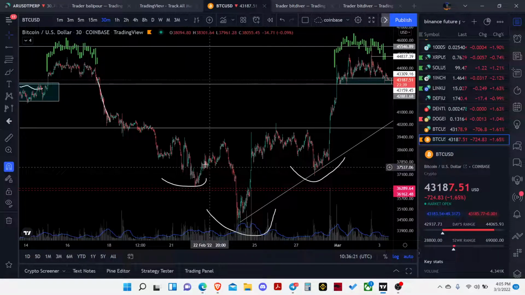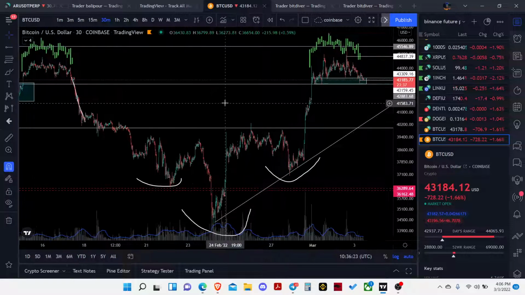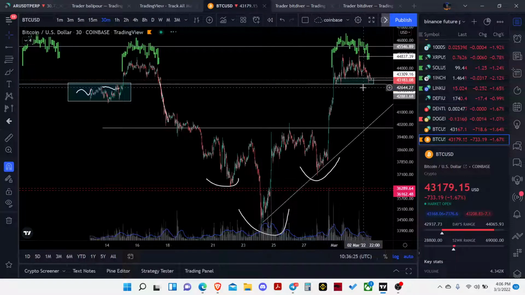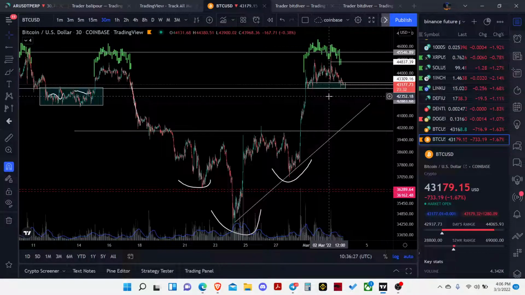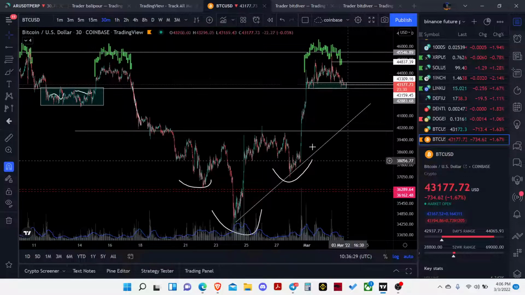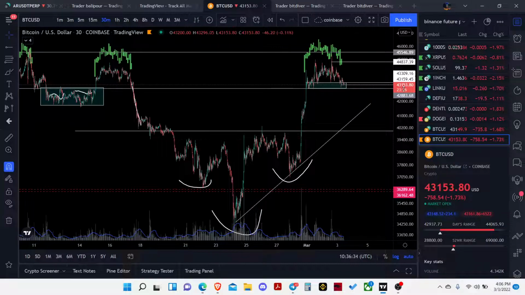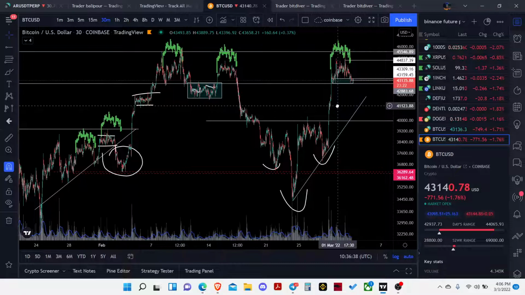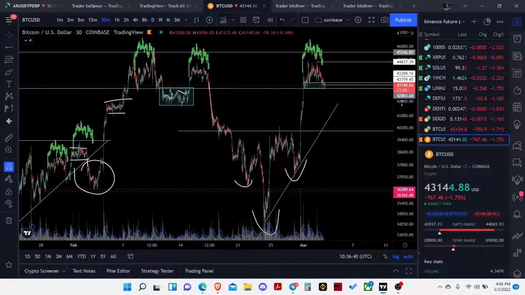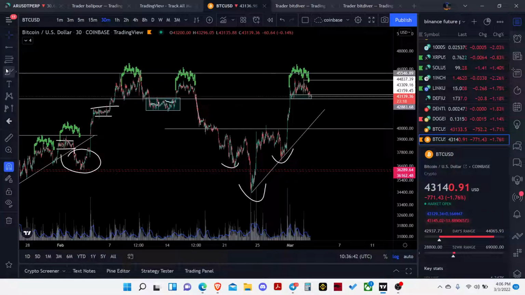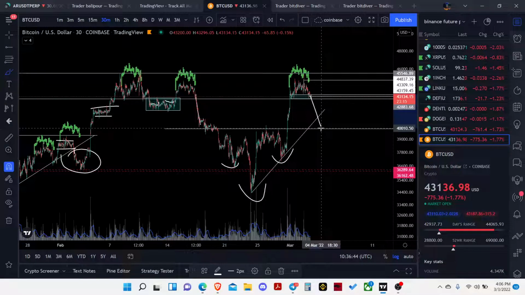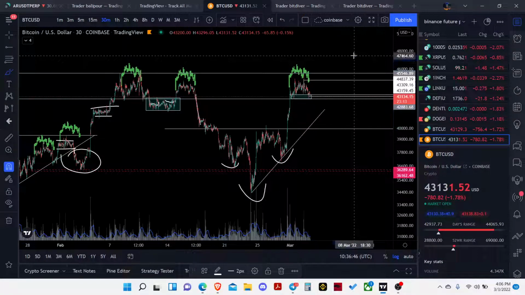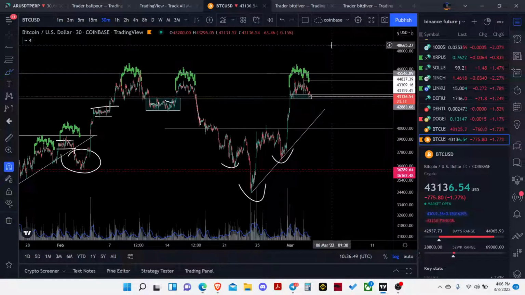Yeah, here we had a good head and shoulders pattern, and then it played out very well. And whether it is the inverse head and shoulders or the head and shoulders, there would always be some kind of drawbacks into these areas before it goes up. So we can see anything can happen.